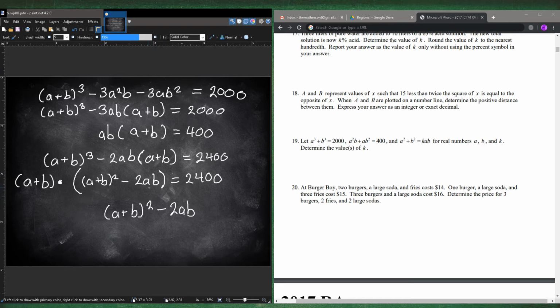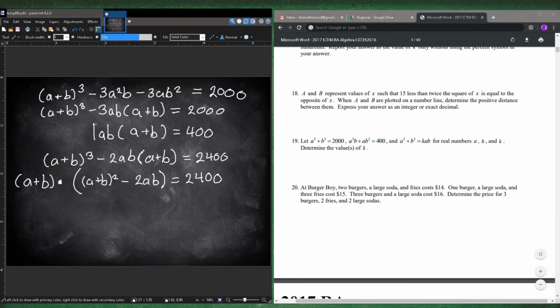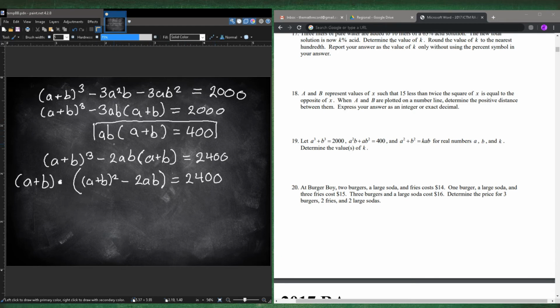Oh, sorry. So basically, if we look at this term again here, we have a squared b plus ab squared is equal to 400, right? So that's basically this one that we talked about earlier.